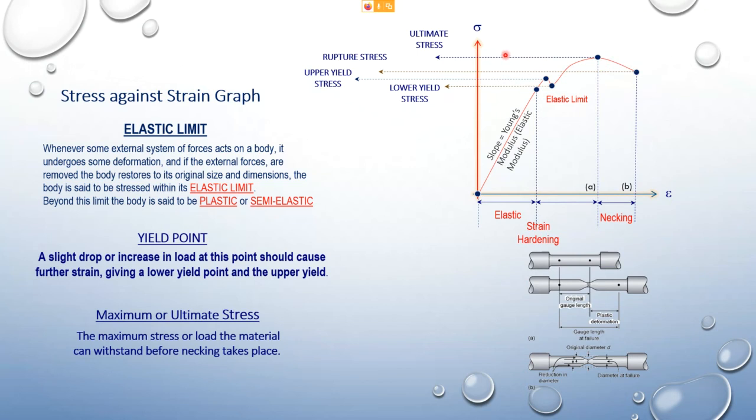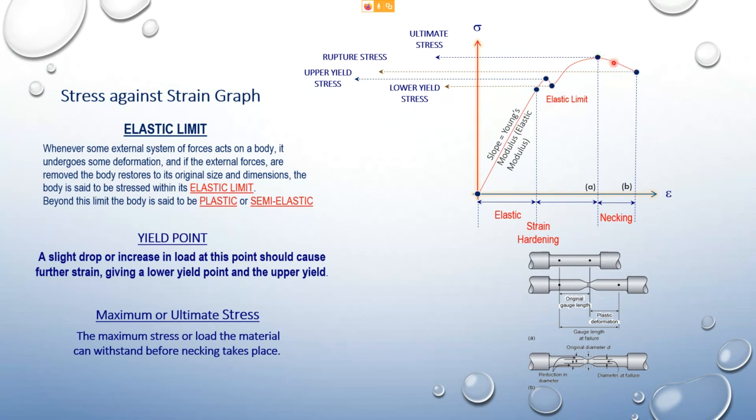This is the maximum stress, maybe 300 something to 400 something megapascal. When it reaches that point, we call that the ultimate stress that the specimen can withstand. After that, necking will start to take place.